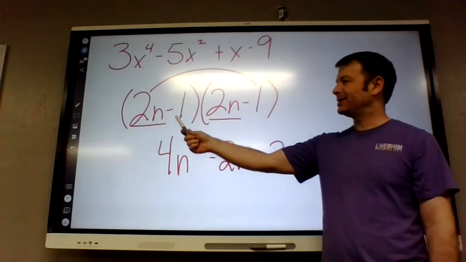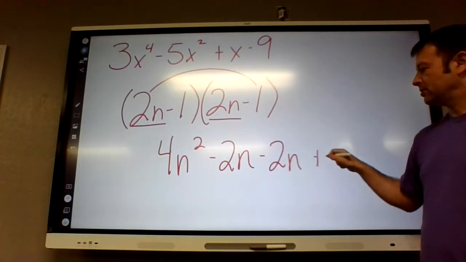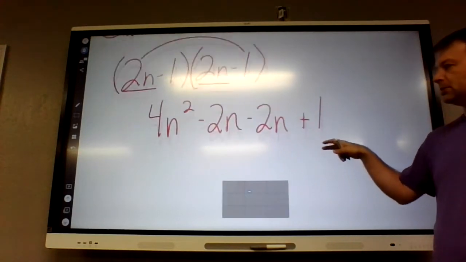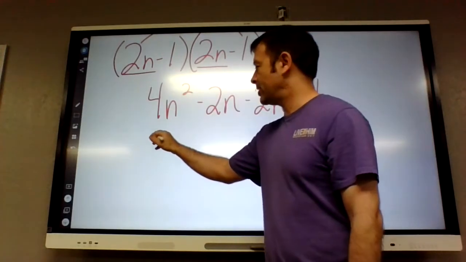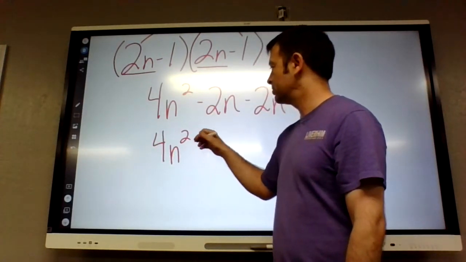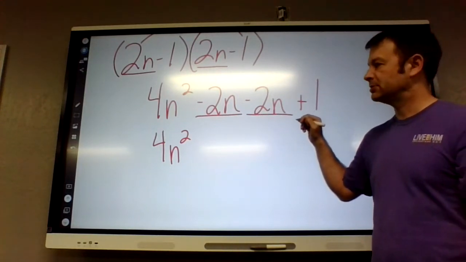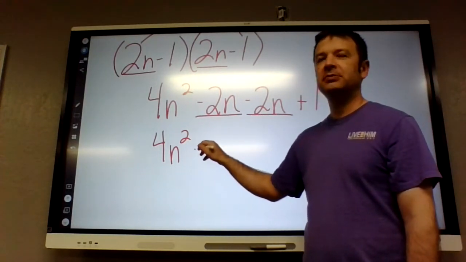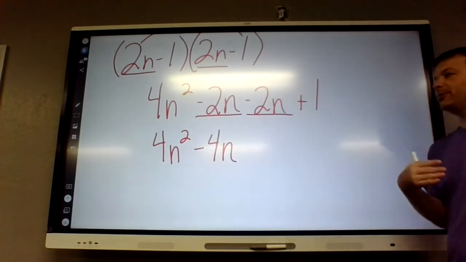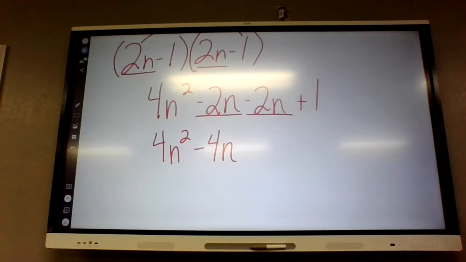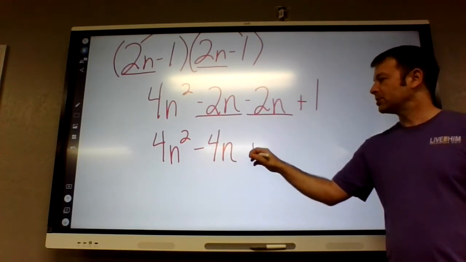And then last, negative 1 times negative 1, positive 1. Negative times negative is positive. So altogether, what do I got? 4n squared minus 2n minus 2n. Minus 4n. It's like going backwards 2 steps, backwards 2 steps. You're backwards 4 steps. Plus 1.